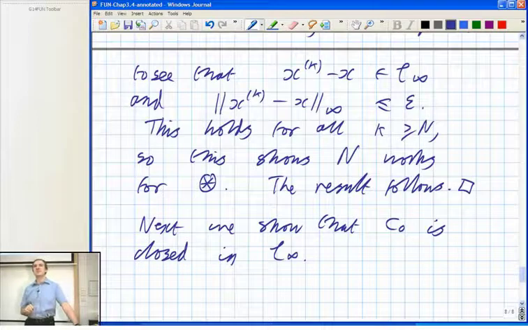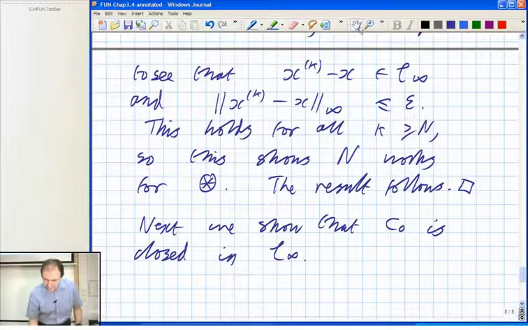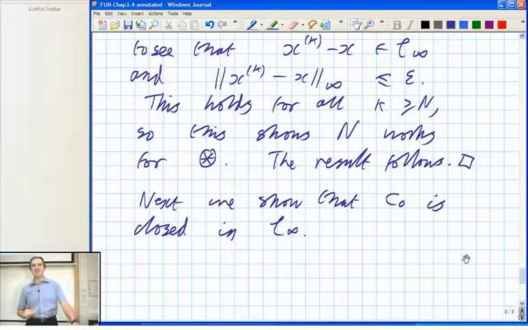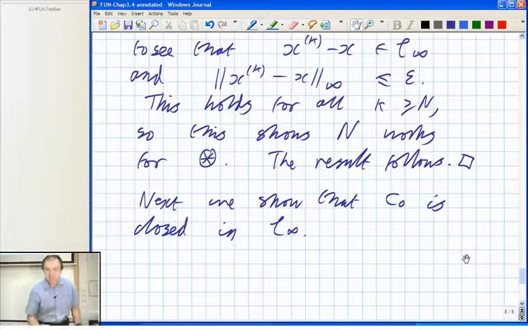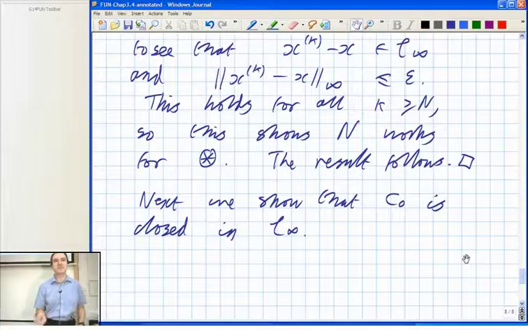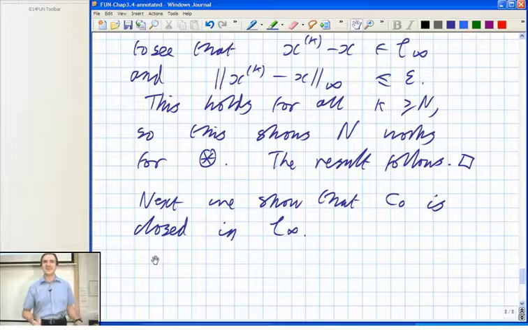It's an option. But I think I better stick to sequences again. So we'll do sequential closedness. Okay, this is the sequence criterion for closedness.